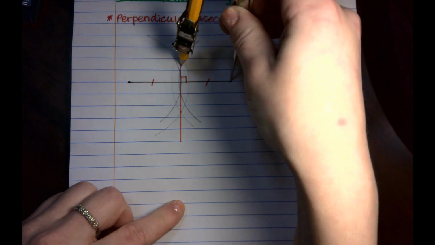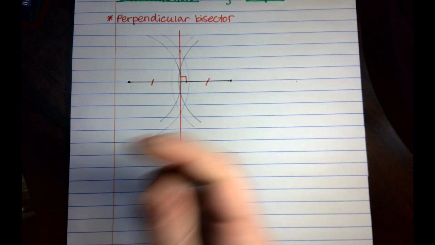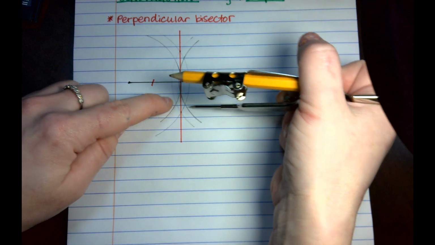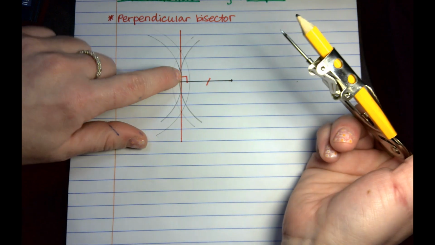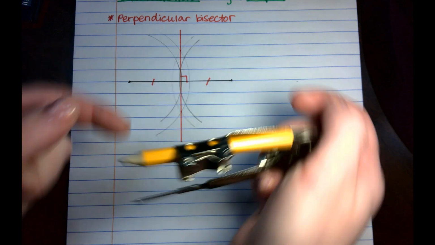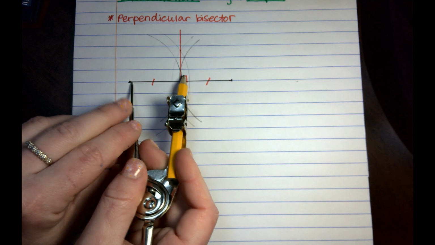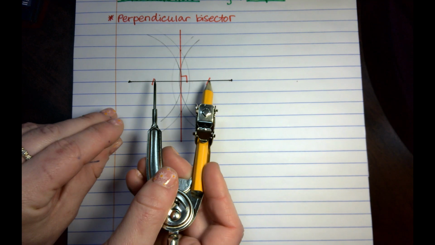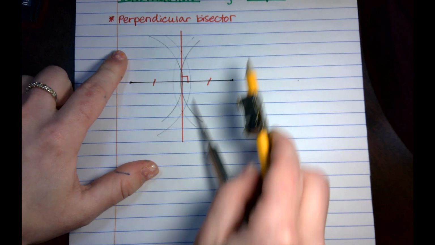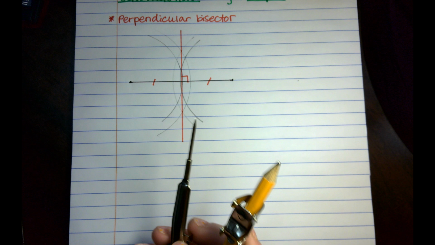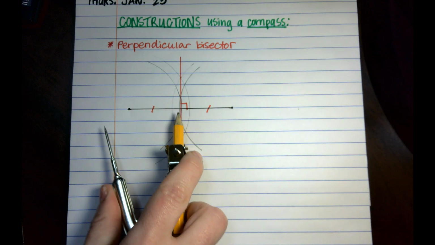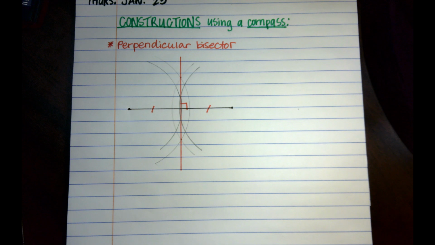If it's open at exactly half, now mine was a tiny bit more than half, you're not going to get an intersection. Those circles are just barely touching each other. The way to fix that is to open your compass just a little bigger. That way you have half circles that are overlapping. That's why we want it a little bigger than half, because if you get it exactly half, they won't give you an intersection to cross through.